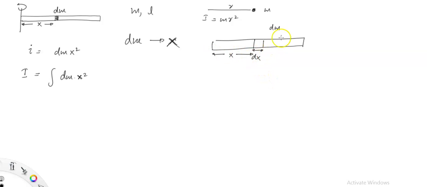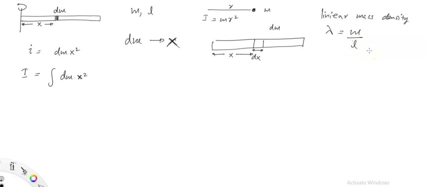Now how do I connect this dx to dm? I'm going to define something called the linear mass density. Don't think too much about this term. I define a new variable, lambda, which is the total mass divided by total length.